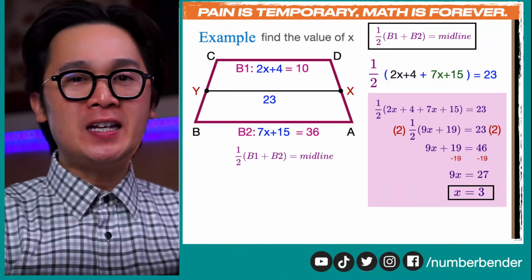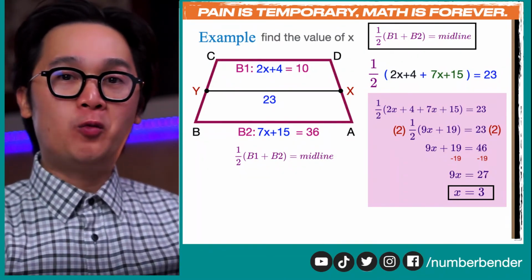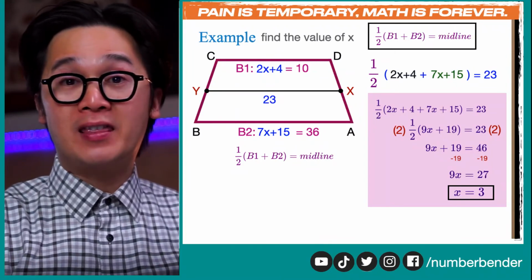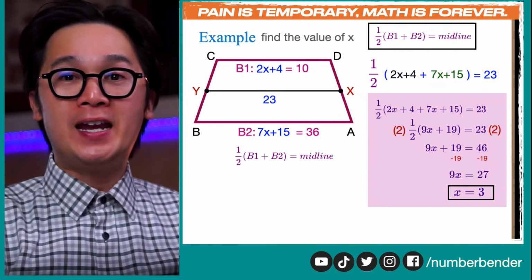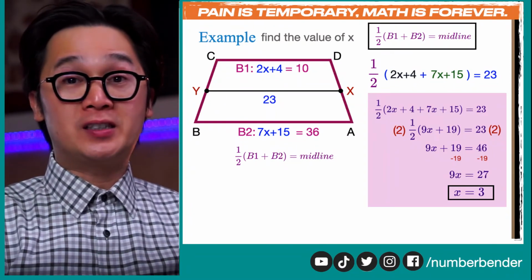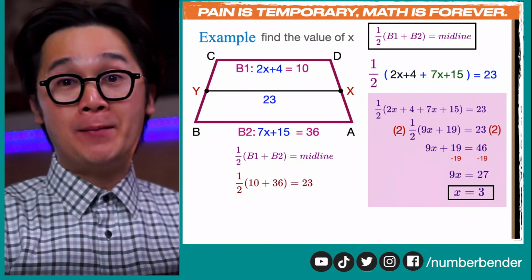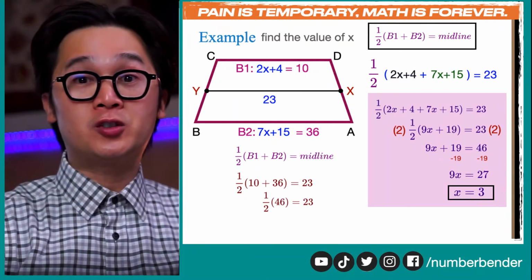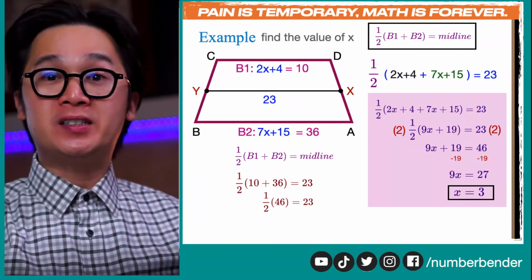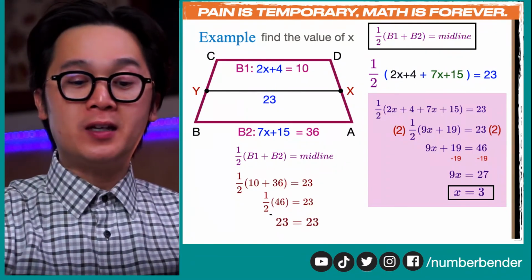So let's see and check if our formula will work for every trapezoid that we are working on, given its mid-segment. So base 1 is 10 and base 2 is 36. When we add that up, 10 plus 36, and take half of it, it should equal 23, which is true because half of 46 is indeed 23.